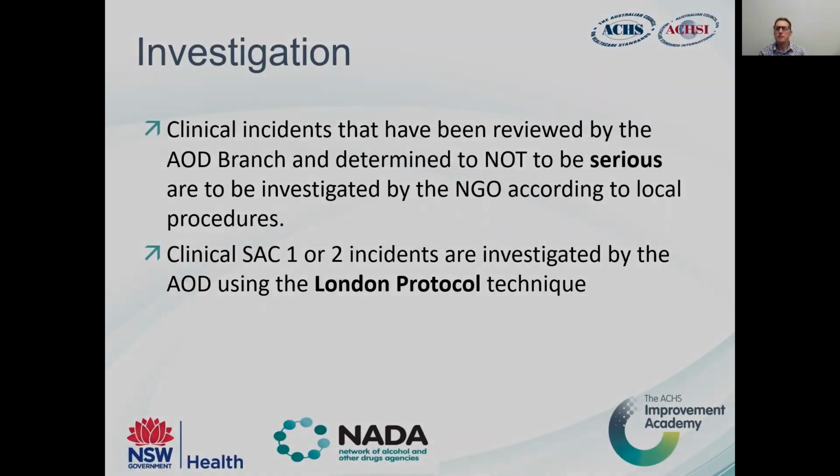So it all sounds quite complicated. Locally there's an investigation, but there's also a requirement to report to the department through alcohol and other drug services. So what's the purpose of that reporting? Yeah, so there's a couple of purposes.